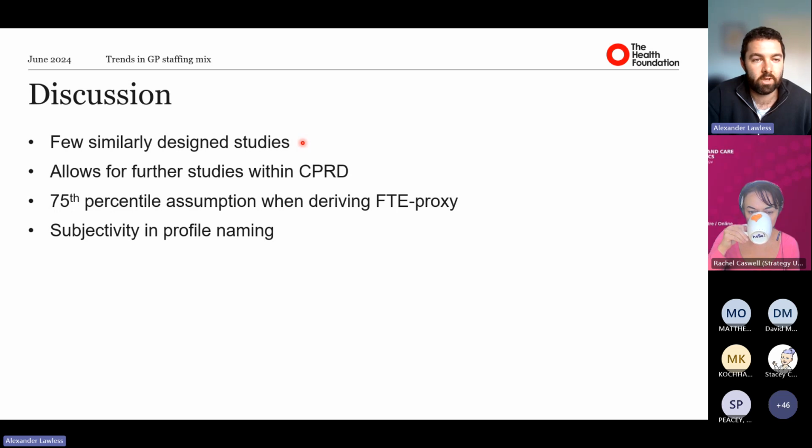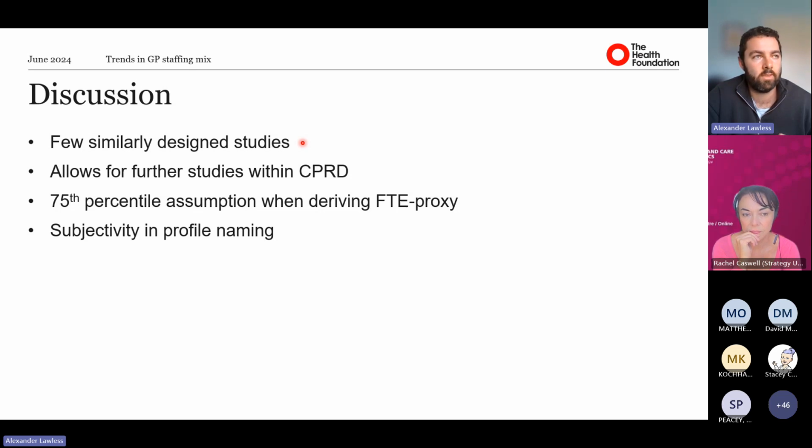The reason that we selected that figure rather than taking the max is that we know that on one end of the spectrum, lots of members of staff are working less than full time for a single practice, given their working hours or their employment at PCNs across various practices. But we also know that a lot of medics or primary care members of staff are technically overworked in terms of doing more than full time.